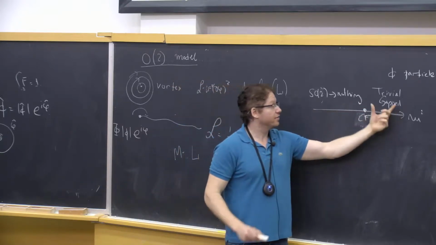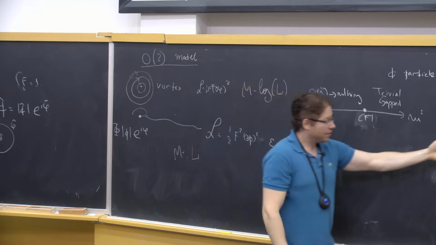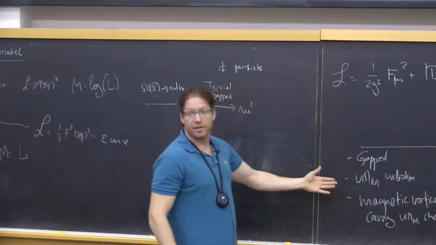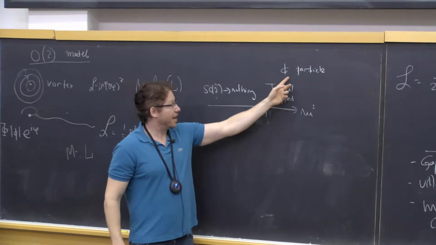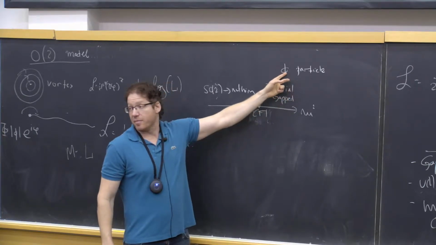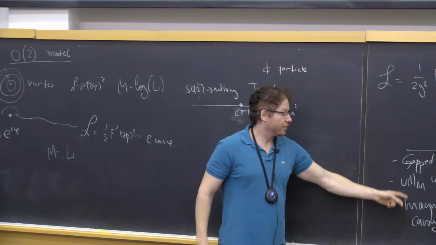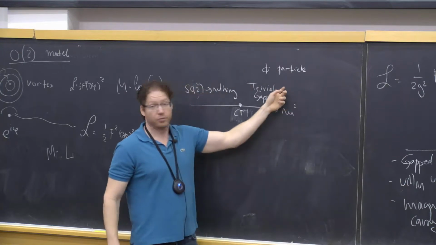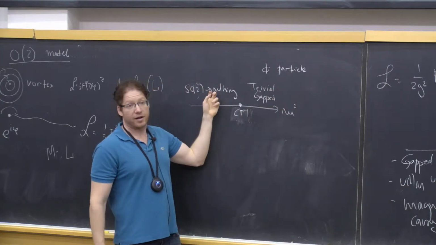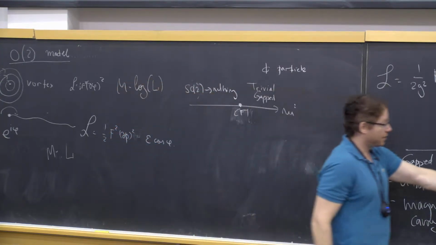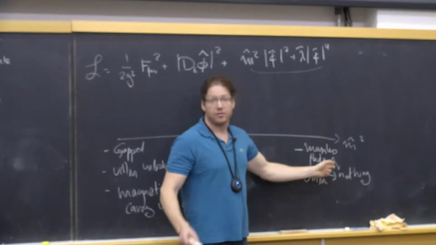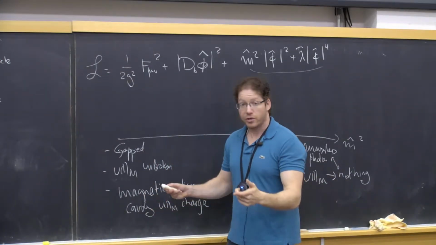If you just take this diagram, flip it, it's extremely analogous to that. All the properties match. It's gapped. Here there is a φ particle. Here there is a magnetic vortex. Here U(1) magnetic is unbroken. Here SO(2) is unbroken. And on the other side, SO(2) is broken. And here U(1) magnetic is broken. So it's exactly the same phase diagram, only switched.